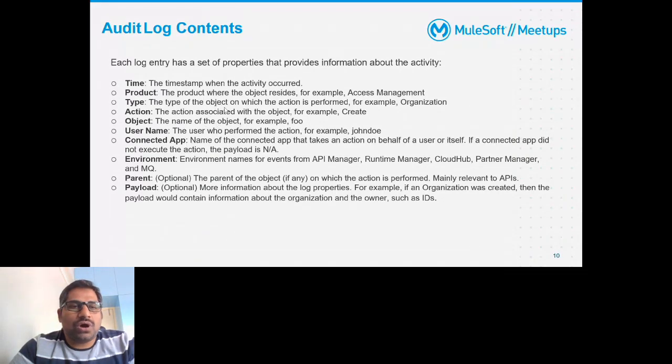Then the action, such as create, update, or delete, the name of the object, the username, the connected app, the environment, and so on. Down the line, I will show you what the audit log query API request and response look like, so that you can correlate them.